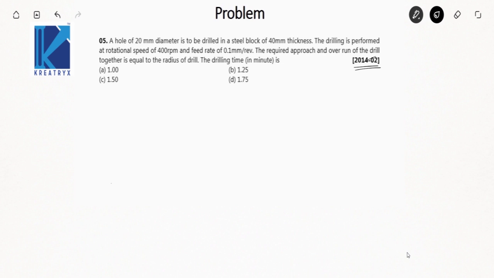Now we will go back to this question, which is a hole of 20 mm dia. They have mentioned that the hole of dia 20 mm is to be drilled, so this is a drilling operation, and the steel block thickness is 40 mm.